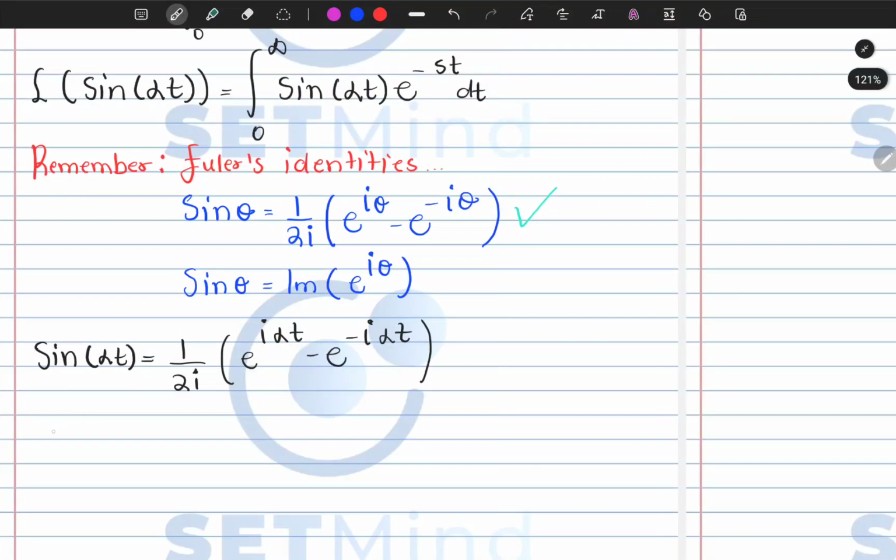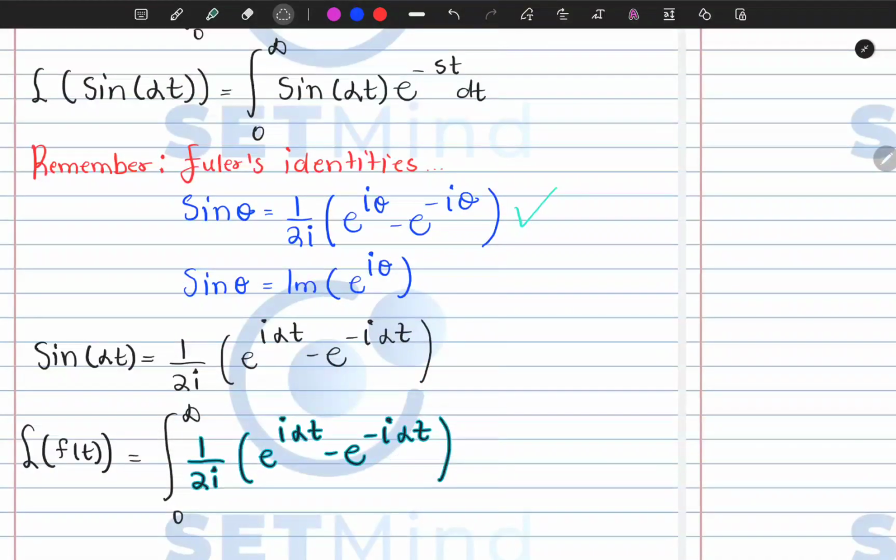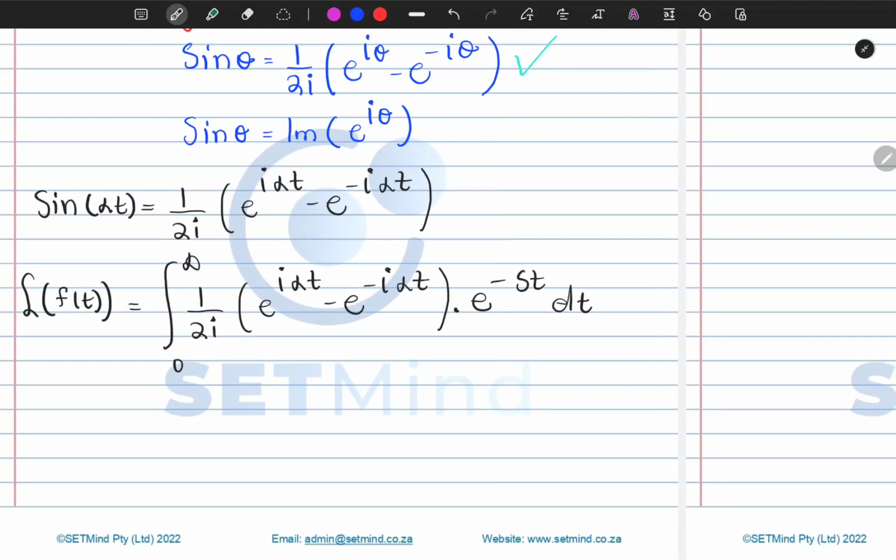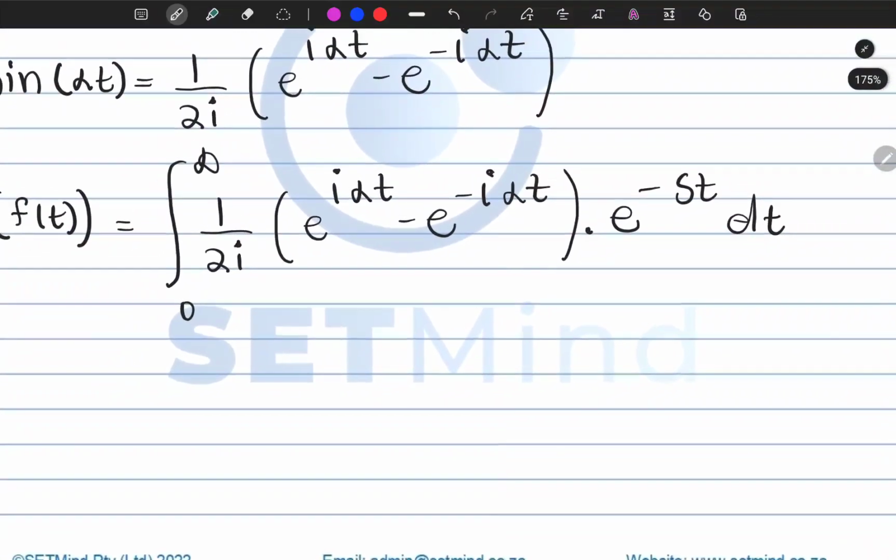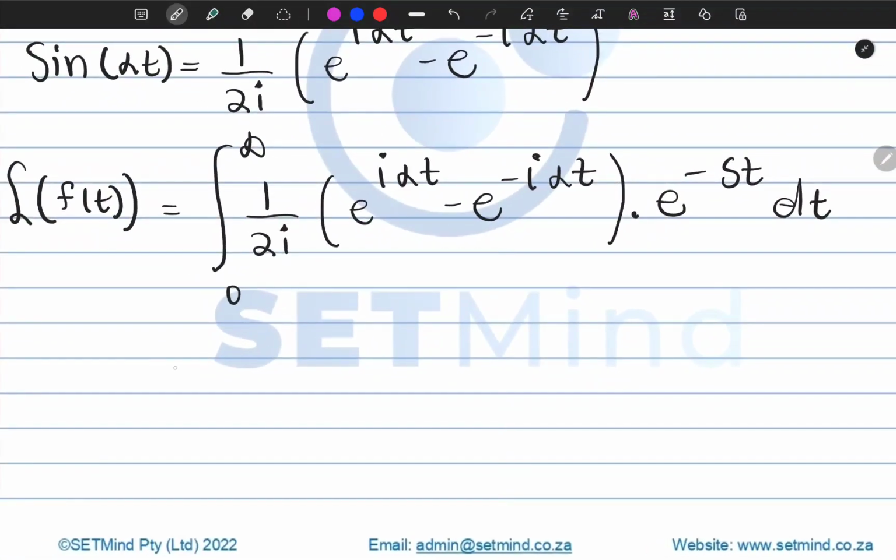So I can go ahead and plug this in. If I go to the equation where I'm taking the Laplace transform of f of t, we'll have an integral from 0 to infinity of our sine, which is that, multiplied by e to the negative st dt. Now we can pull out the constant, which is 1 over 2i.